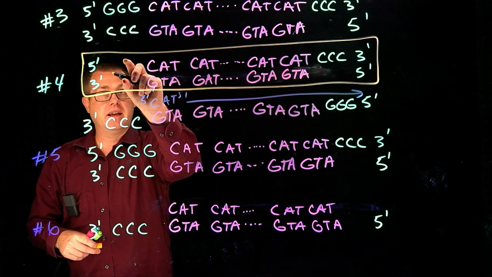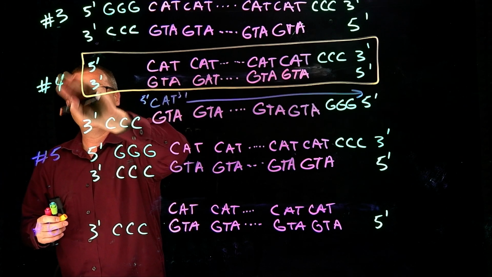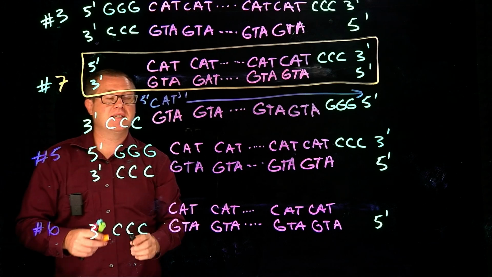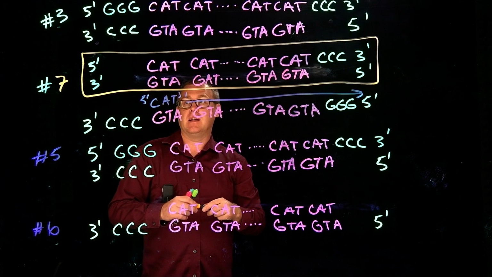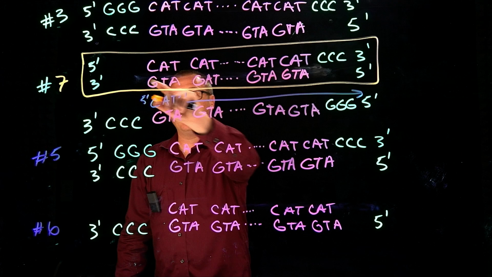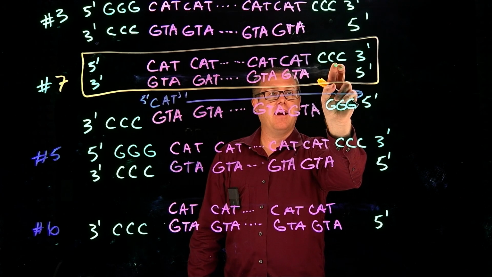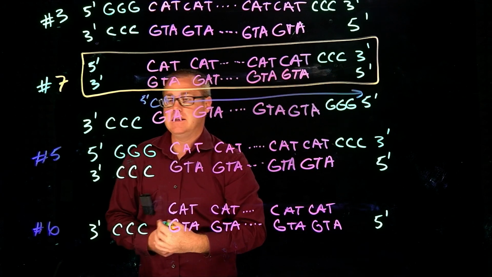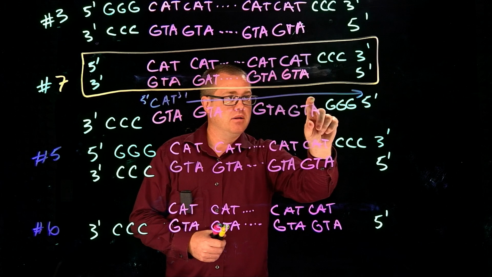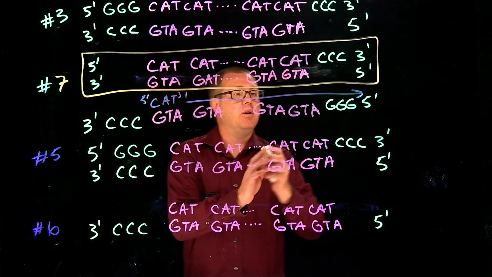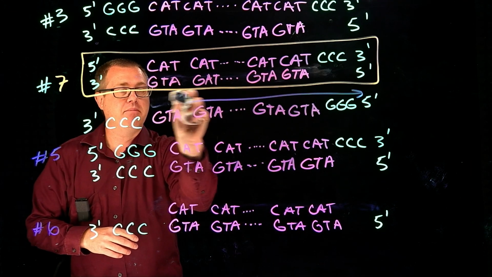But now this is its own new molecule, and we'll call that molecule 7. And in molecule 7, you see how we've got rid of the green here, but we still have one little chunk there. Now this one right here came from molecule 4, but using the template strand.